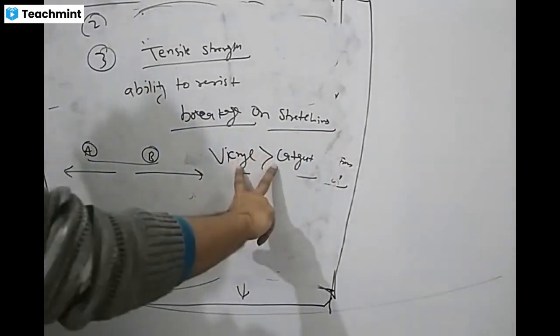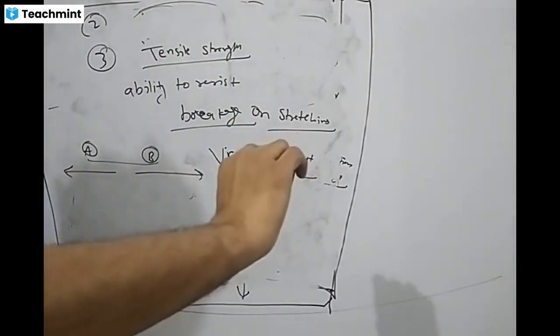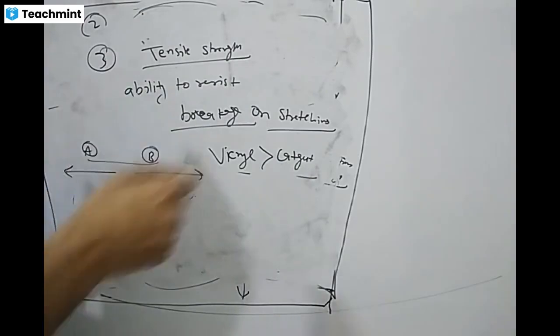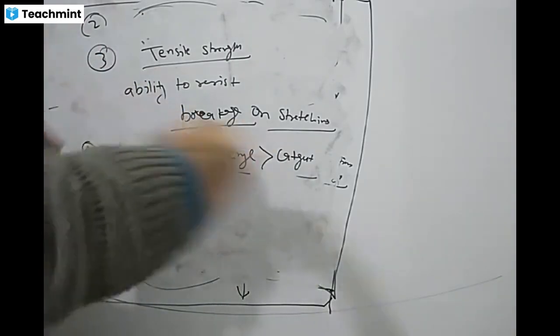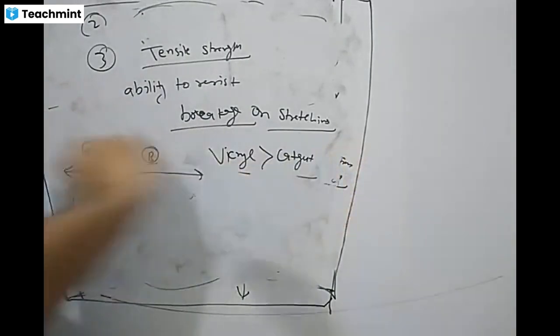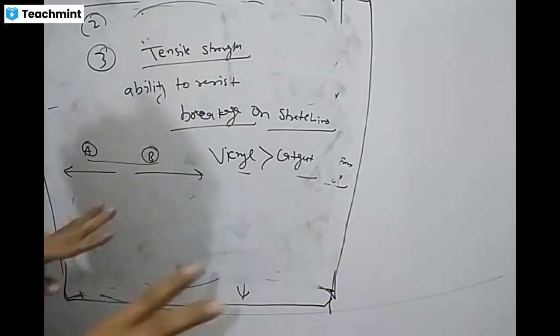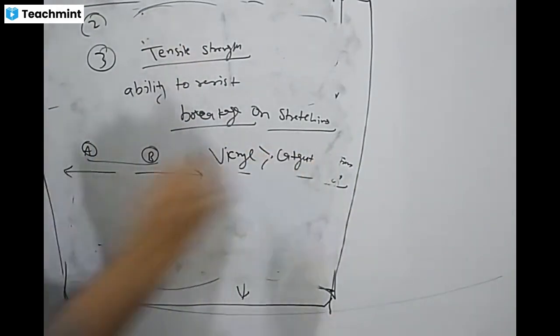If you compare the two suture materials, which will break easily on stretching? When we place sutures inside any tissue, at the end we apply knots and we pull the suture material to apply the knots. While pulling, which suture material breaks down easily? The answer is catgut.